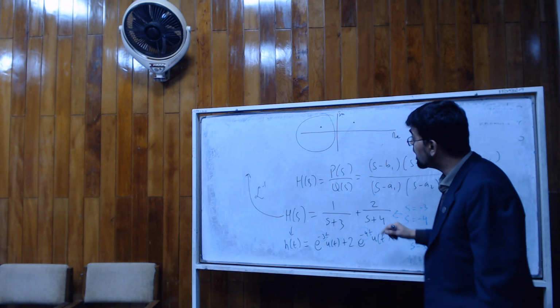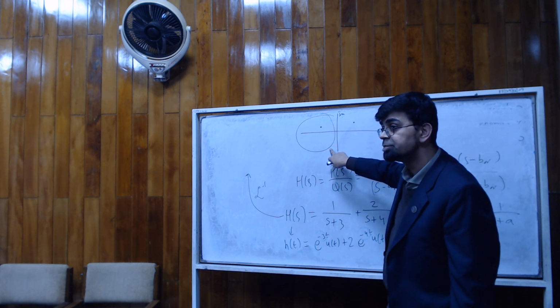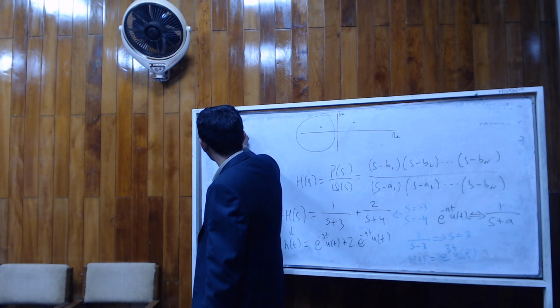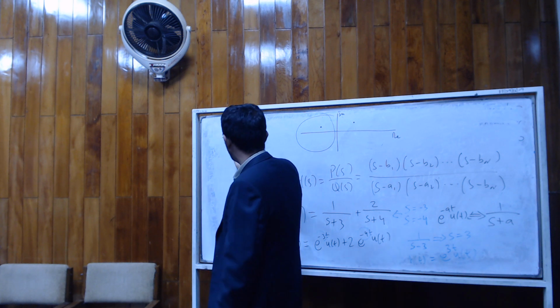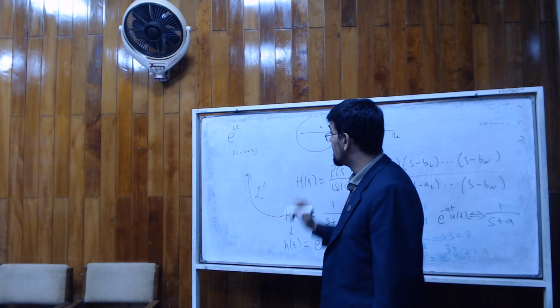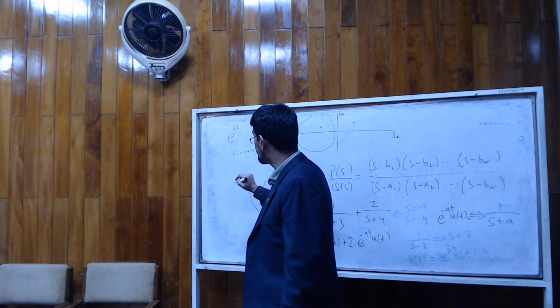Now why aren't we concerned about the imaginary part becoming negative? Let's say you have e^{st}. Now let's say s is -3 plus 4j. The real part is negative, the other part is positive.